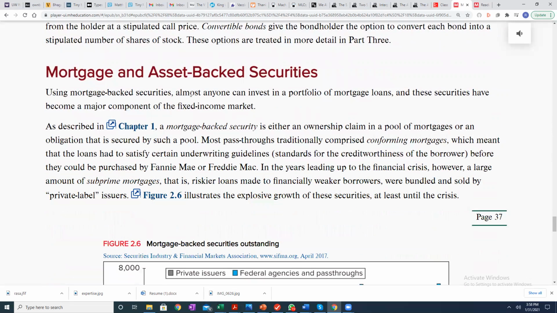Then you have mortgage and asset-backed securities. An ownership claim in a pool of mortgages, or an obligation that is secured by such a pool.